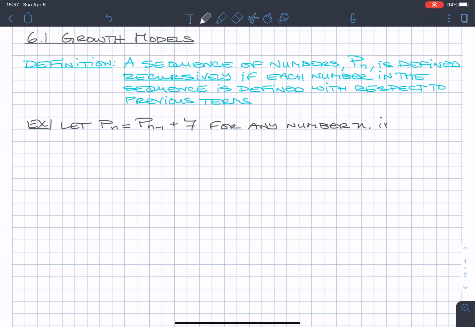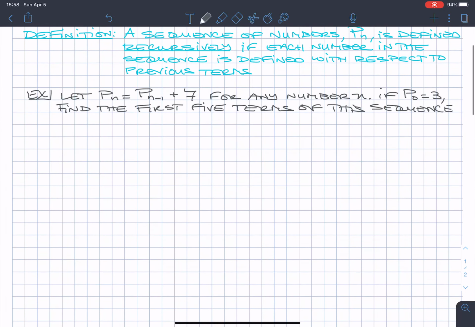So if P sub 0 is 3, find the first 5 terms of this sequence. Okay. So of course we want to start with P sub 1.